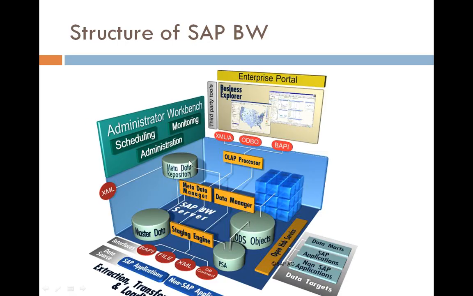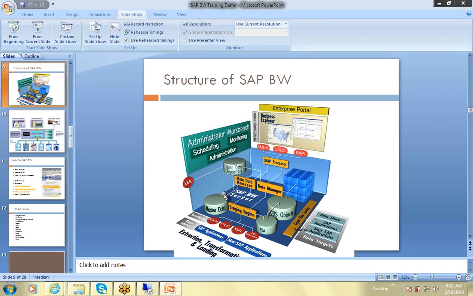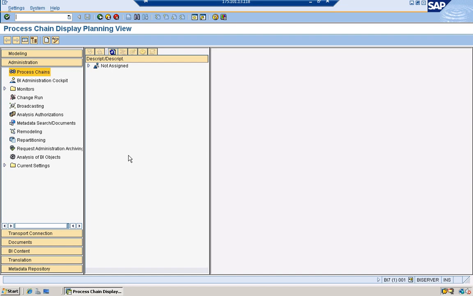Okay, so that is more for the basis people, right? No, Srini. Here the administration is like loading. Lots of data loads would be happening on a day-to-day basis from the different source systems to the BW system, right? Those running activities, those back-end running jobs, we can administrate from here.